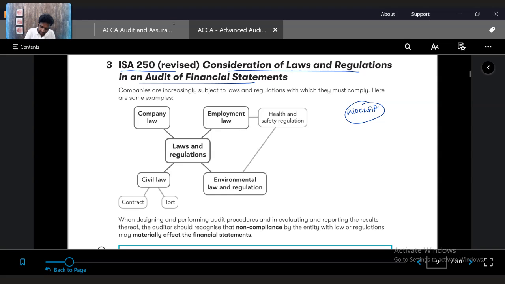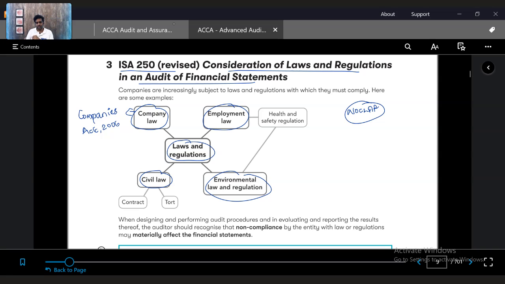Now, the laws and regulations that the company is required to follow are divided broadly into four categories: company law, employment law, civil law, and environmental protection law and regulation. Company law is part of the Companies Act of 2006.